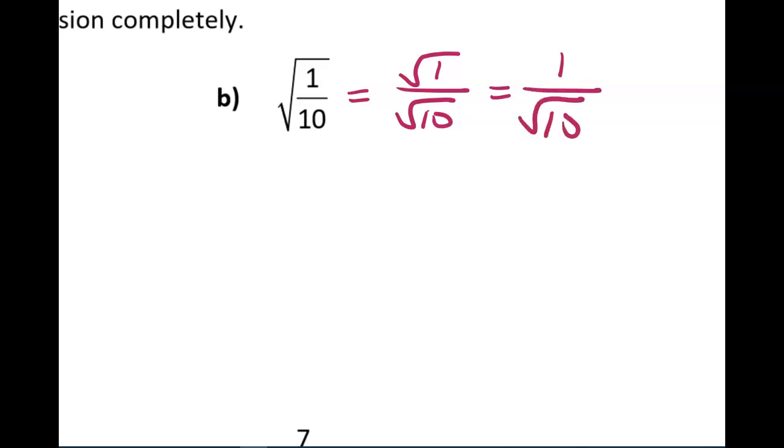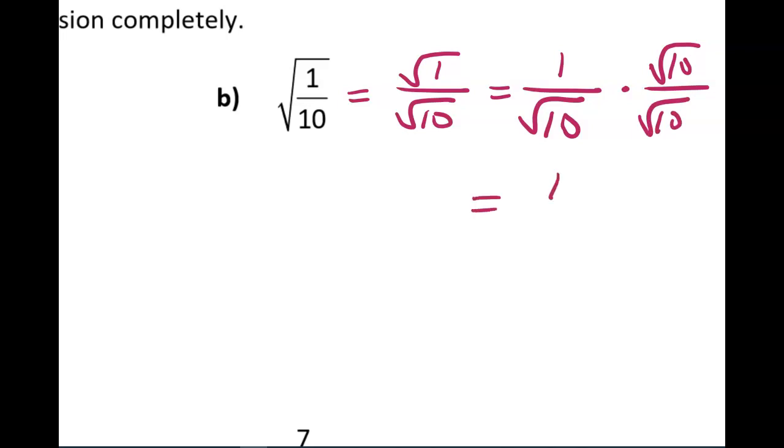All right, now let's do b. Square root of 1/10 is the square root of 1 over the square root of 10. And the square root of 1 is just 1. Square root of 10 doesn't simplify to a whole number, so we're going to multiply by a clever form of 1, square root of 10 over the square root of 10.